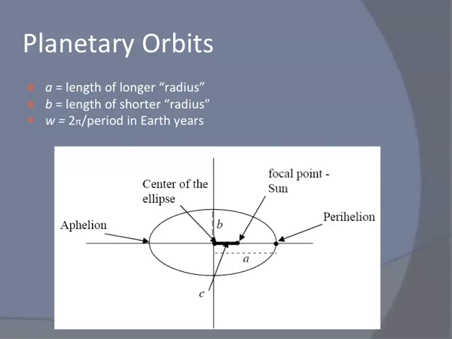Okay, and then we see 2 pi divided by the period in Earth years is w, and c is the distance from the center of the ellipse to a focal point. So if you remember trying to find the foci of an ellipse in Algebra 2, that was your c value. That's what we're looking at here.